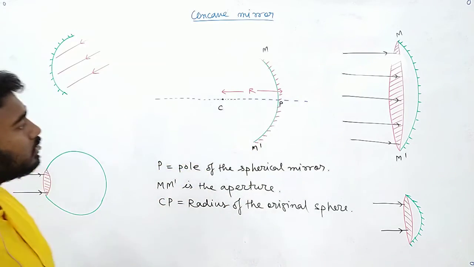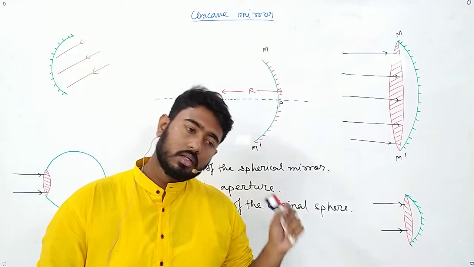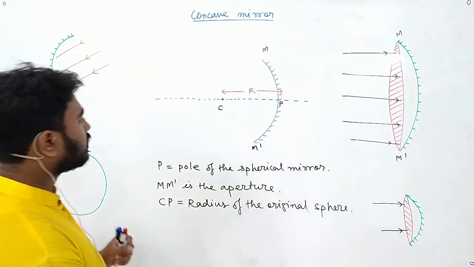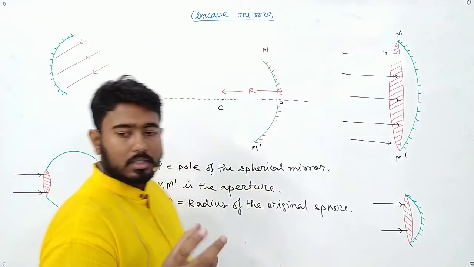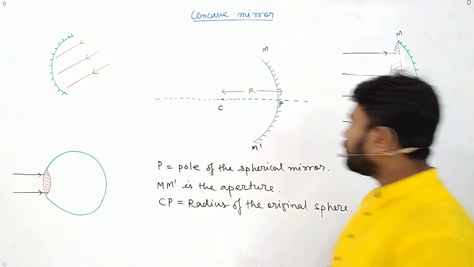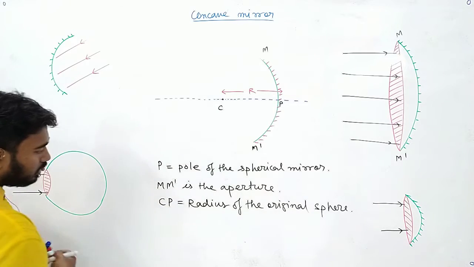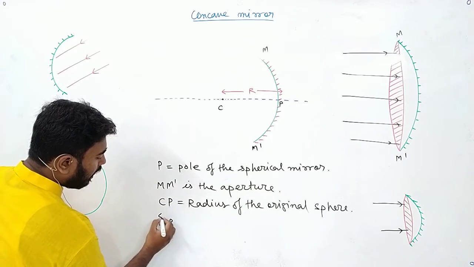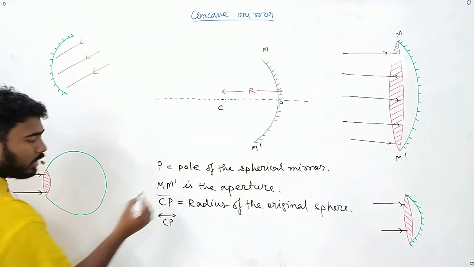Now, CP is the radius of the original sphere, right? Now tell me one thing. If we extend the line CP, what will we get? We will get the principal axis. If I write CP with a line symbol, we know this is the symbol of a line and this is the symbol of a line segment.